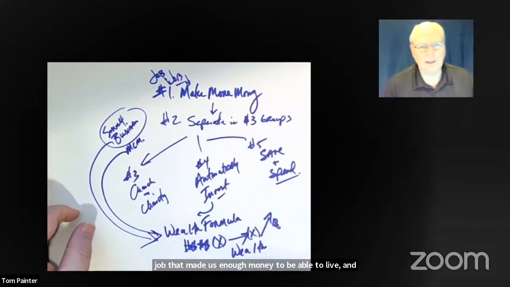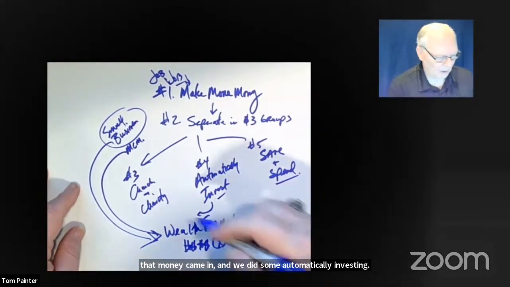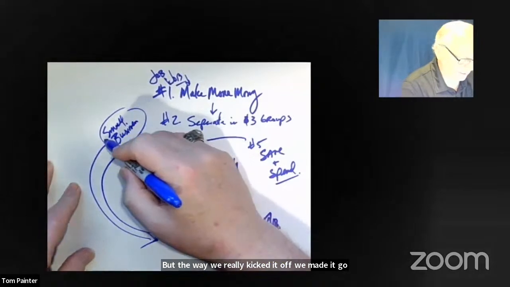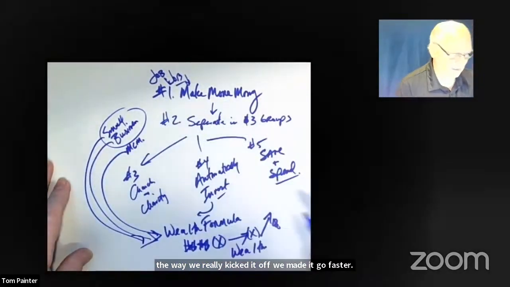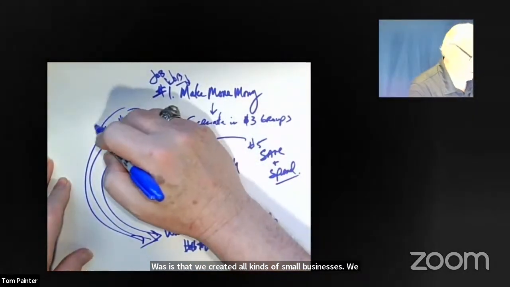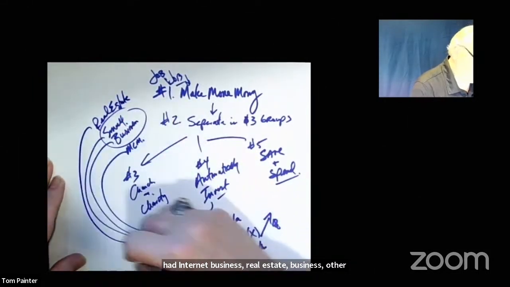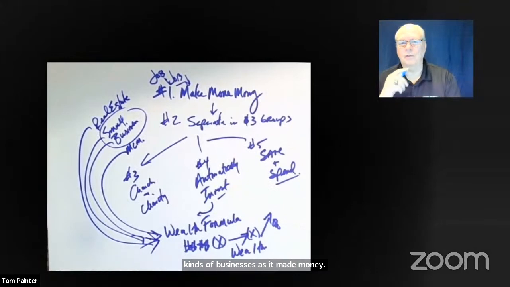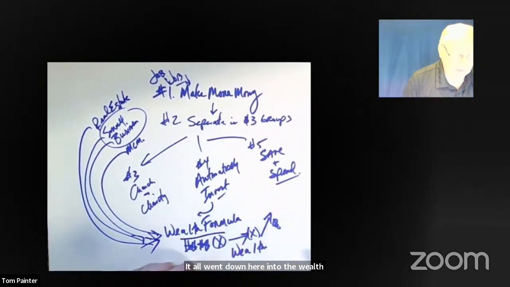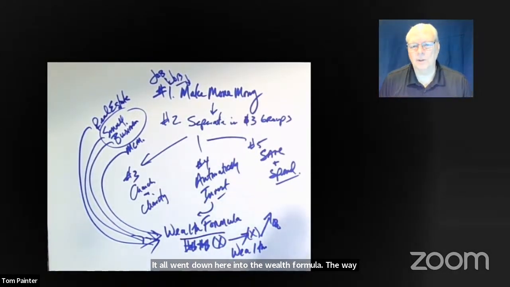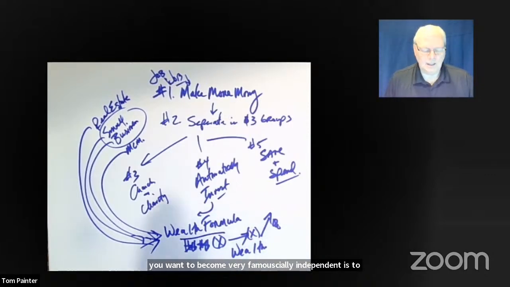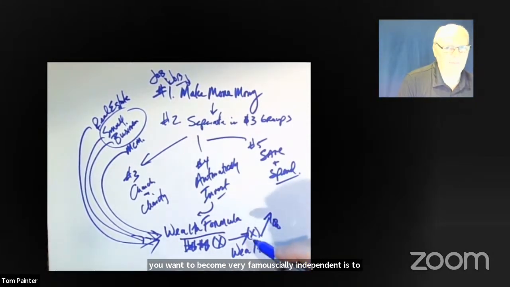But the way we really kicked it off and made it go faster was that we created all kinds of small businesses. We had an internet business, a real estate business, other kinds of businesses. And as it made money, it all went down here into the wealth formula. The way you become financially independent is to do this as fast as you can.